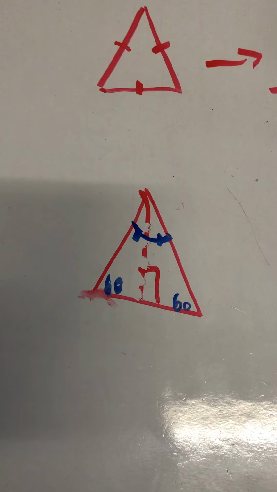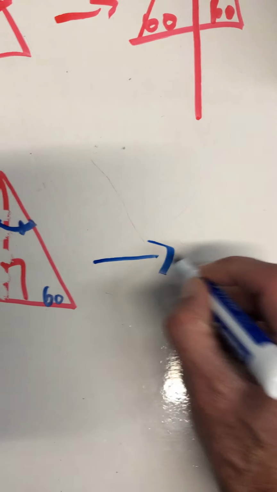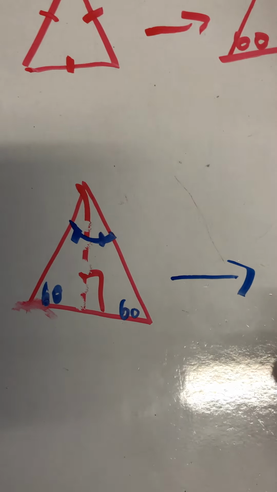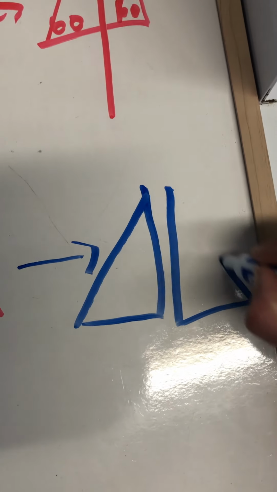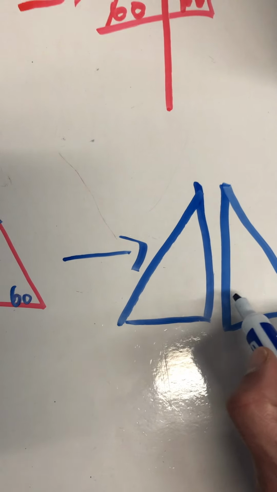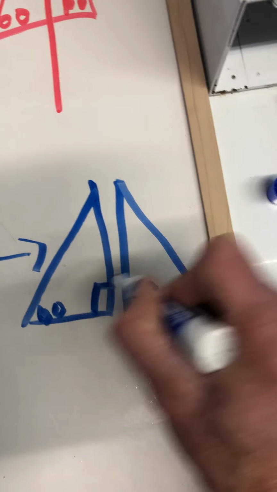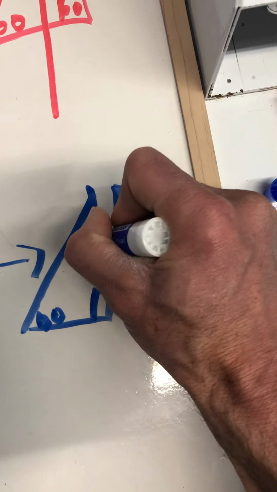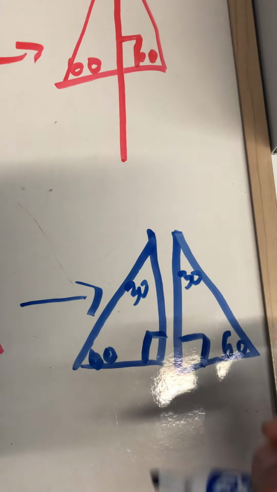Now when it bisects this angle, it breaks it into two 30, 60, 90-degree triangles. This isn't that great looking of a triangle, but you get the picture: 60, 60, 30, and 30. That's what that altitude does.